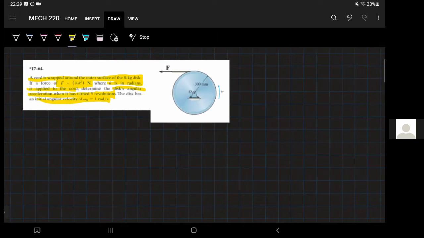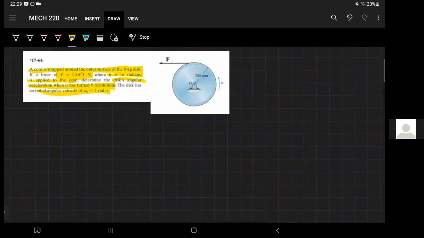All right, so the first thing to do is to realize, it's pretty easy. You start with the moment of inertia, right?